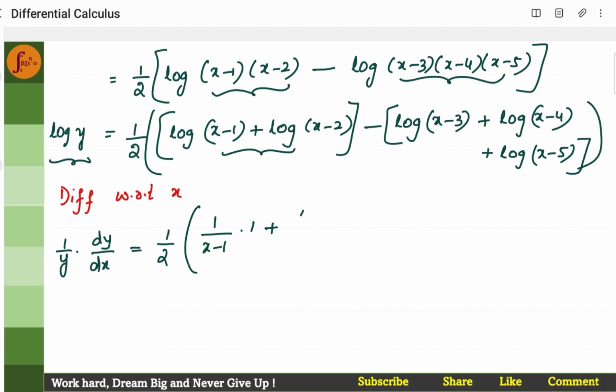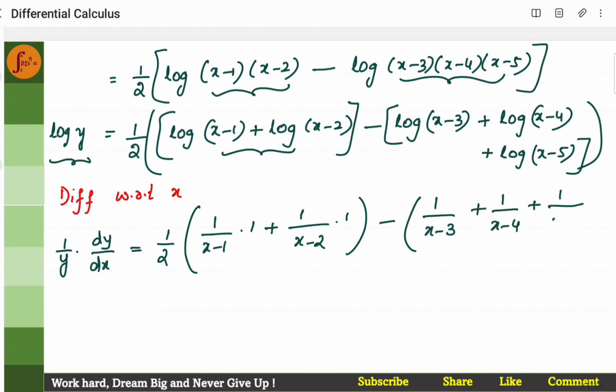Plus, again, this is 1 by (x minus 2), and the derivative of x is 1 into 1. Minus, log of (x minus 3) gives 1 by (x minus 3), log of (x minus 4) gives 1 by (x minus 4), and log of (x minus 5) gives 1 by (x minus 5). And this half is for the entire expression.